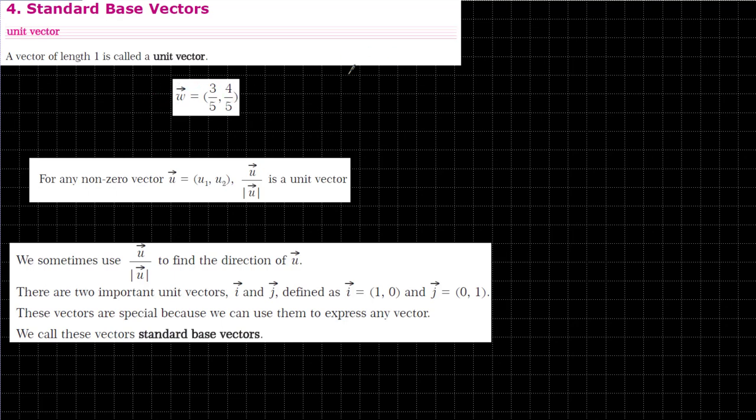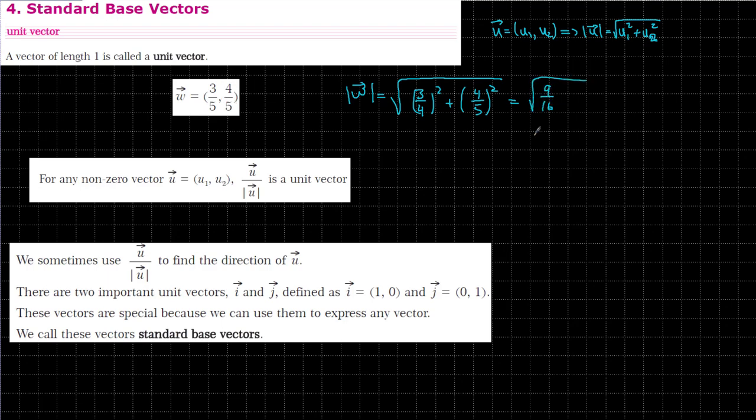This is called a unit vector because of the distance of W. If you remember from the formulas, u is equal to u1 and u2, then the distance of the u vector was equal to the square root of u1 squared plus u2 squared. So for this one, it's the square root of 3 over 5 squared plus 4 over 5 squared. I have written it wrong before; it should be 3 over 5.